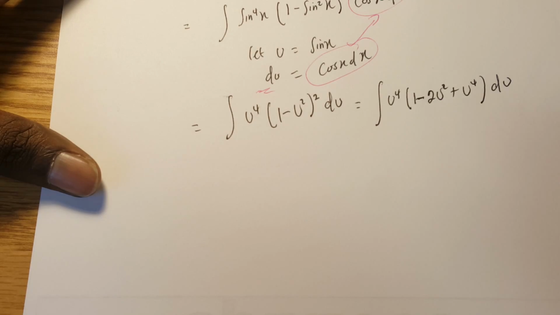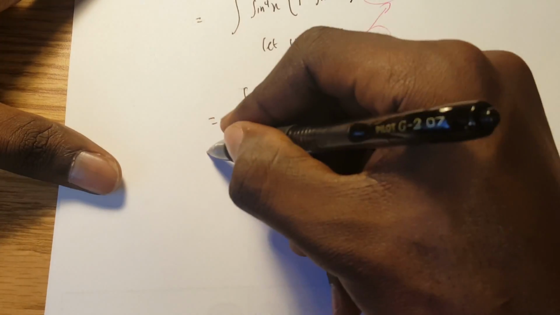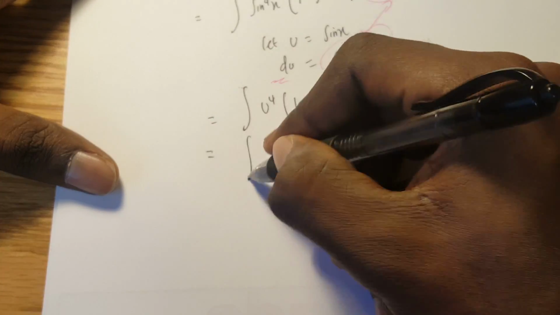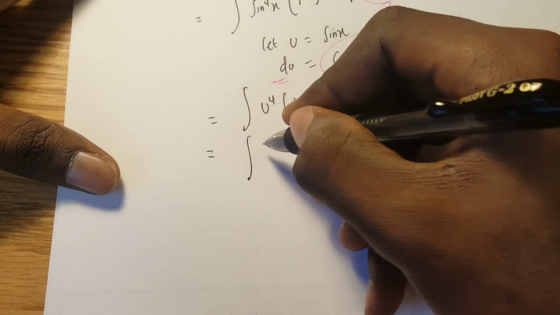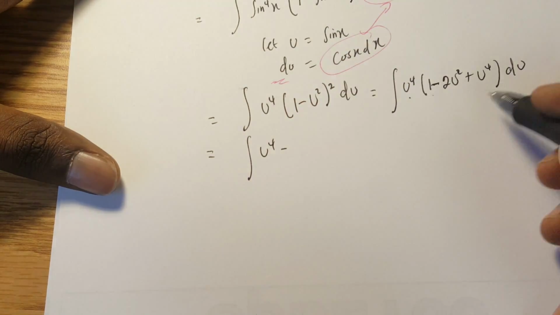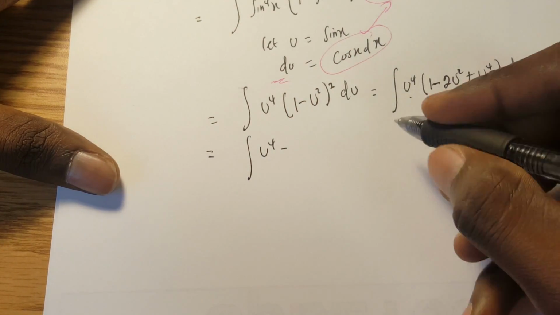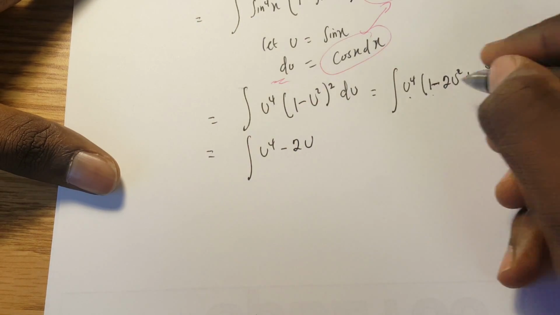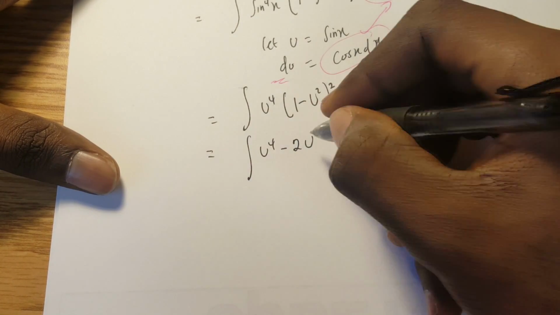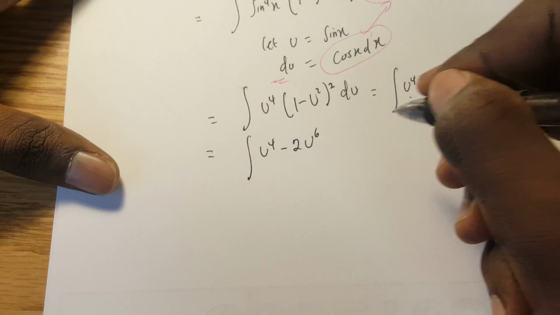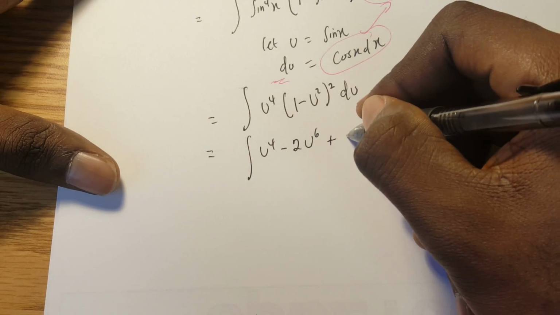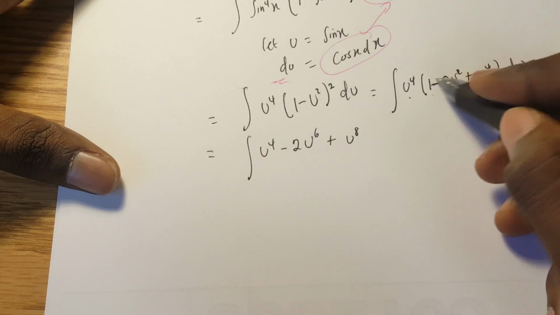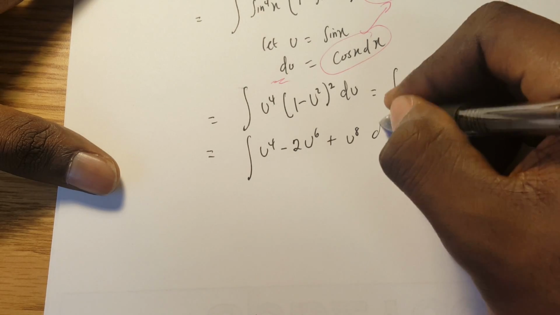Then we're going to multiply this through. So we're going to have u to the 4 multiplied by 1, which is u to the 4, minus u to the 4 multiplied by 2u to the 2nd. If you multiply, add the exponent, so we have 2u to the 6, plus u to the 8, du.